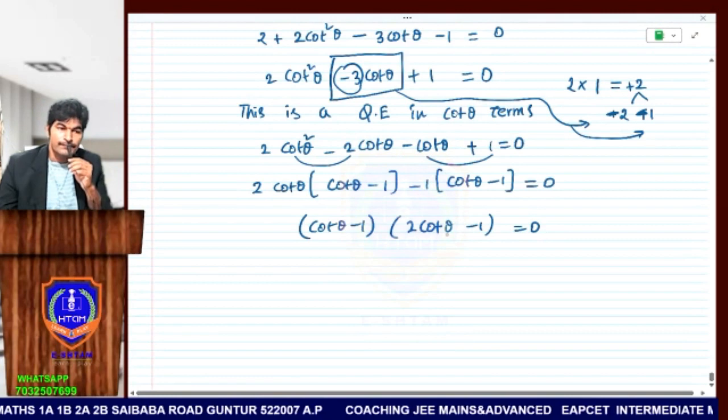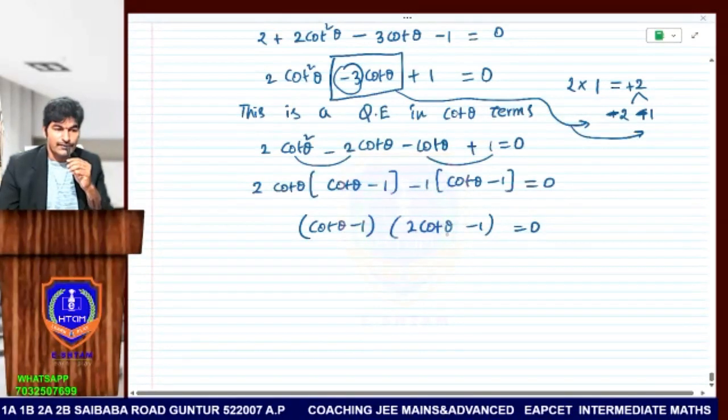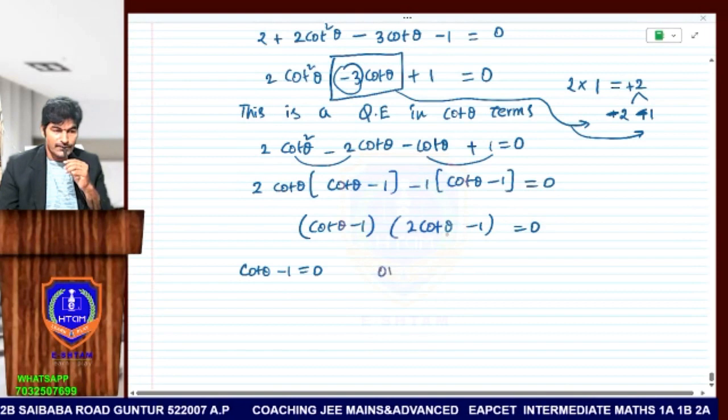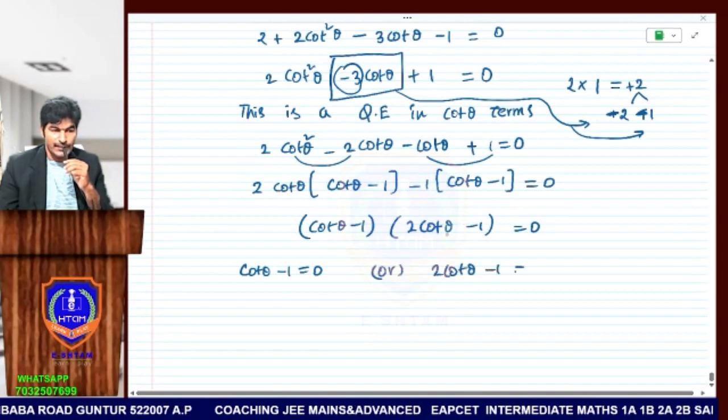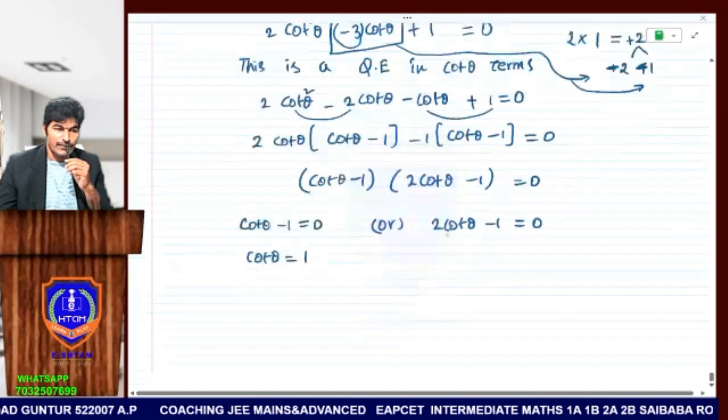Understood? Okay. And from these two factors, you can write cot theta minus 1 equal to 0 or 2 cot theta minus 1 equal to 0. If cot theta minus 1 equal to 0, that means cot theta will be 1.